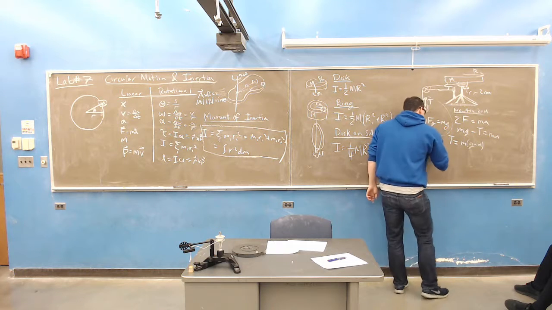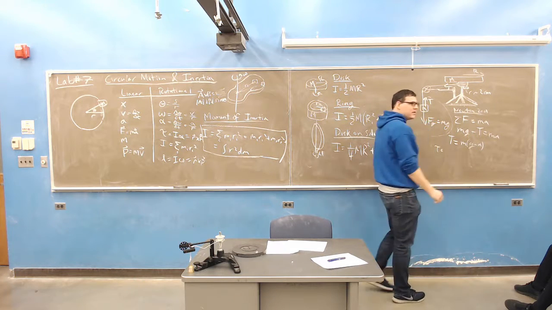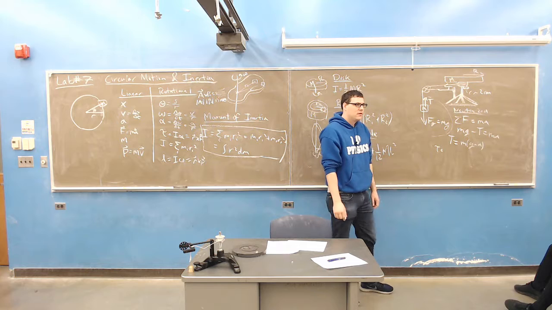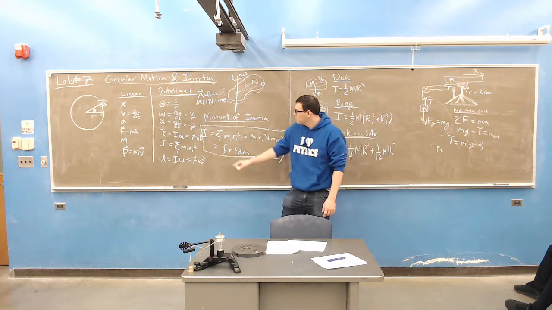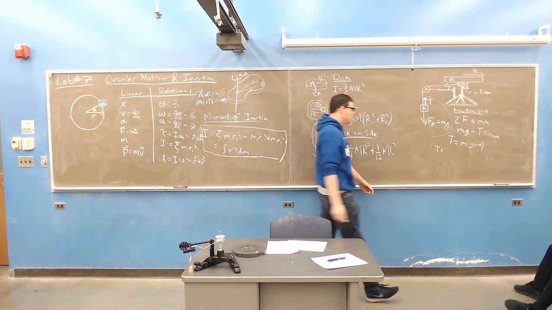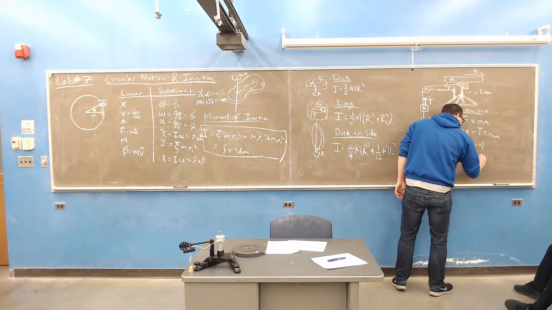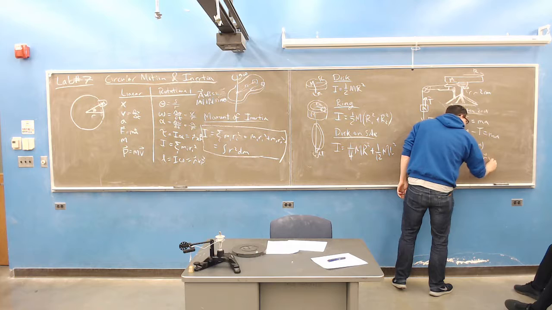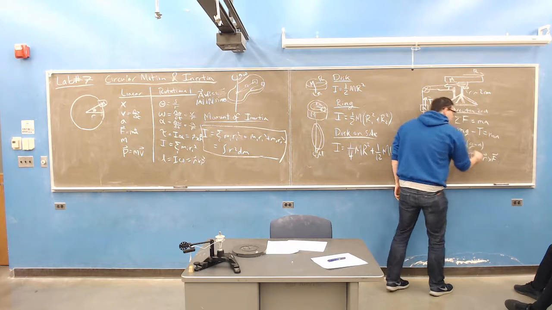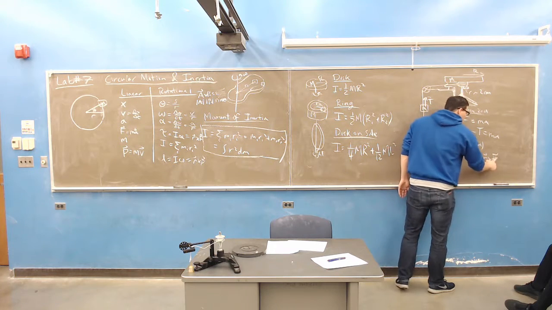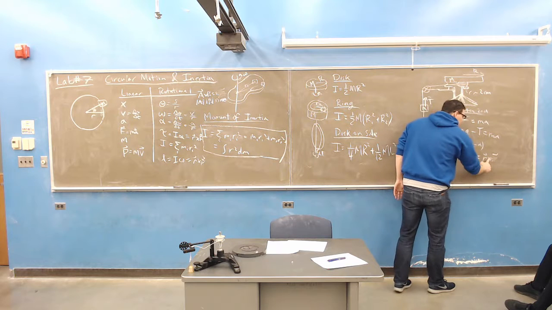All right, and so torque says what? What is torque? Yeah, it's I times alpha, but torque is also r crossed F, where F here is our tension.